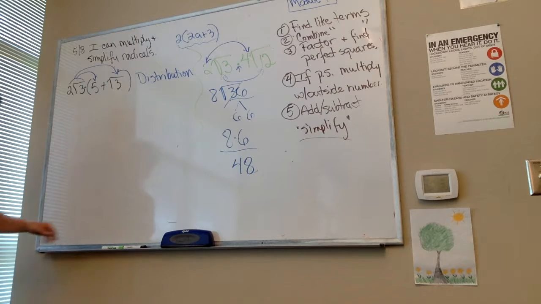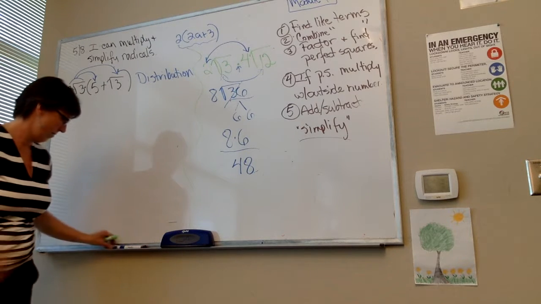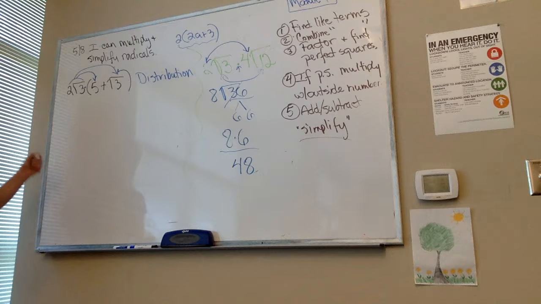All right, so if we're going to multiply, let's do the first one first. That makes sense, right? First one first. 2 radical 3 times 5.